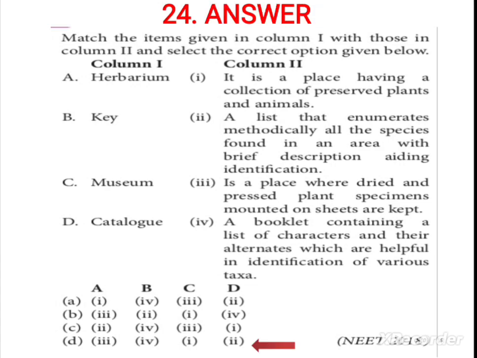The matching answer is D, that is 3. First is 3. Then for A, the answer is 3. For B, the answer is 4. And C, the answer is 1. And for D, the answer is 2. So like that, D is the correct answer.